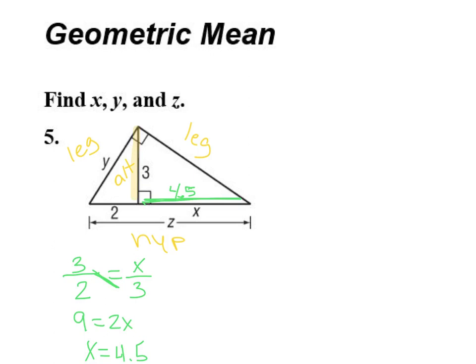Next, we can go ahead and find our z, because z is going to be 2 plus our x value, which we know is 4.5. So z equals 2 plus 4.5, which means z equals 6.5.